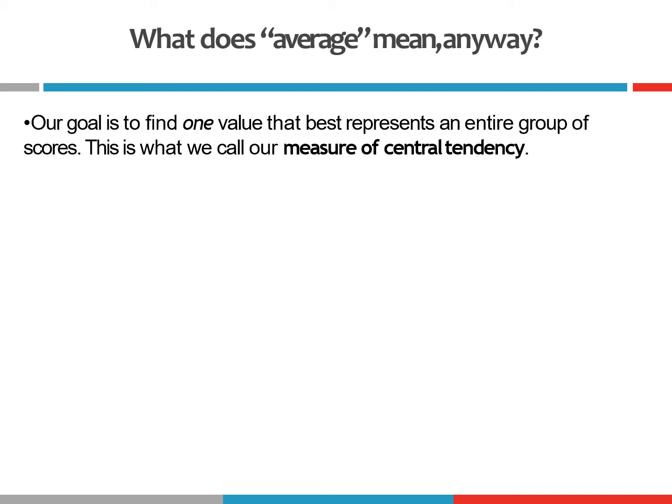Because we're trying to describe all of the data in our distribution or the data that we've collected from our sample, one of the best ways to do that is to calculate a single value that summarizes the entire distribution of scores, right?